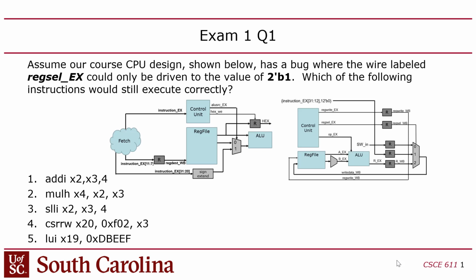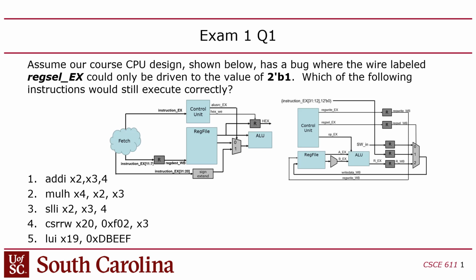So the first question said, we gave a CPU design, assume the CPU has a bug where the wire labeled REG-CEL-EX could only be driven to the value of 1 in 2 bits. Which of the following instructions would still execute correctly?